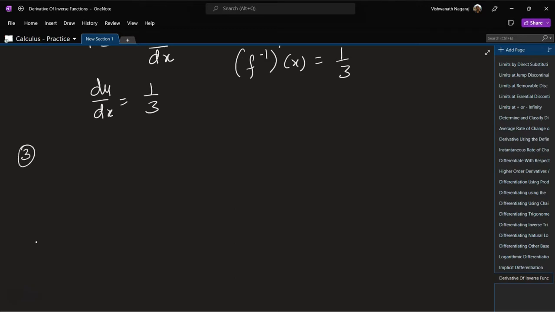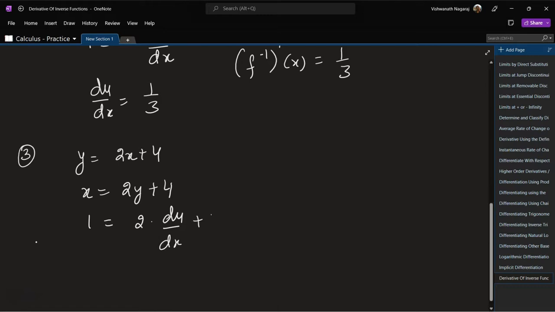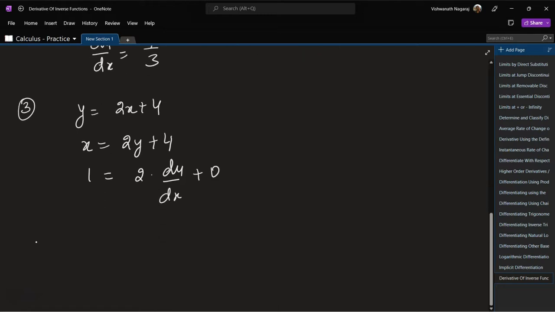Third one. y is equal to 2x plus 4. Its inverse would be x is equal to 2y plus 4. 1 is equal to 2 times dy by dx plus 0, which gives us dy by dx equal to 1 by 2.